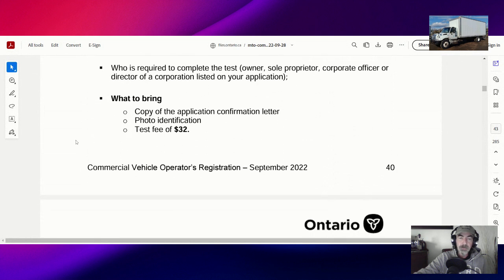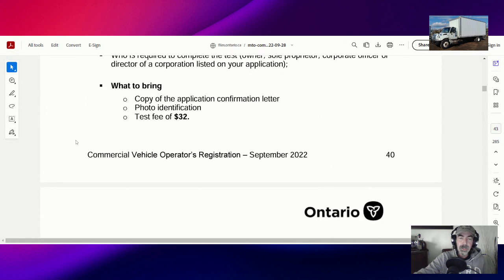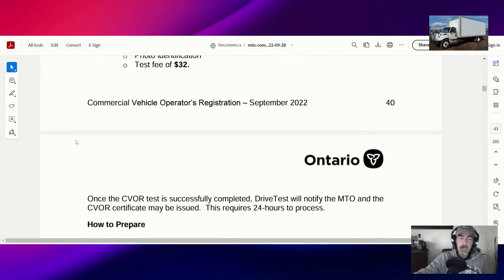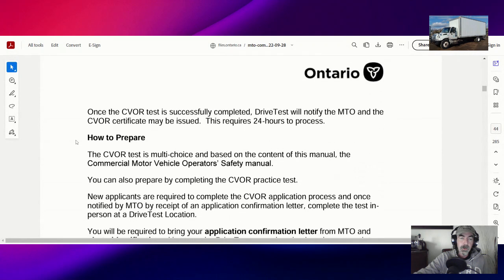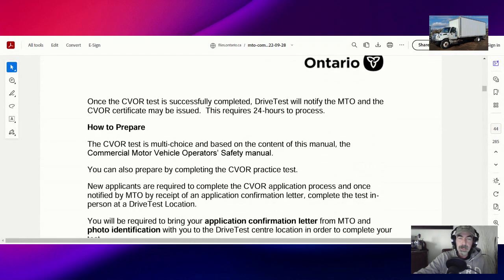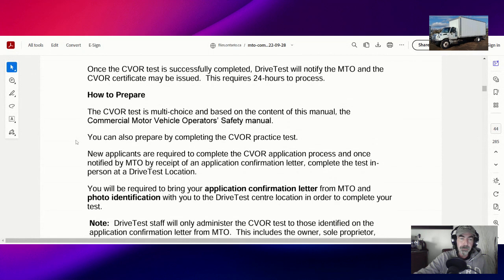What to bring? Copy of the application confirmation letter, photo identification, test fee of $32. Once the CVOR test is successfully completed, Drive Test will notify the MTO and the CVOR certificate may be issued. This requires 24 hours to process.